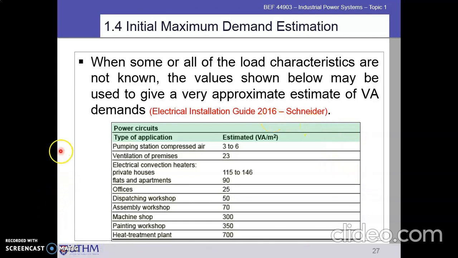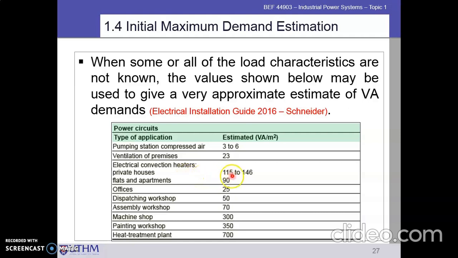We can see here for pumping station compressed air, the estimation is 3 to 6 VA per m squared. For ventilation of premises, 23. For electrical convection heaters, private houses, flats and apartments, the total is 115 to 146 VA per m squared.